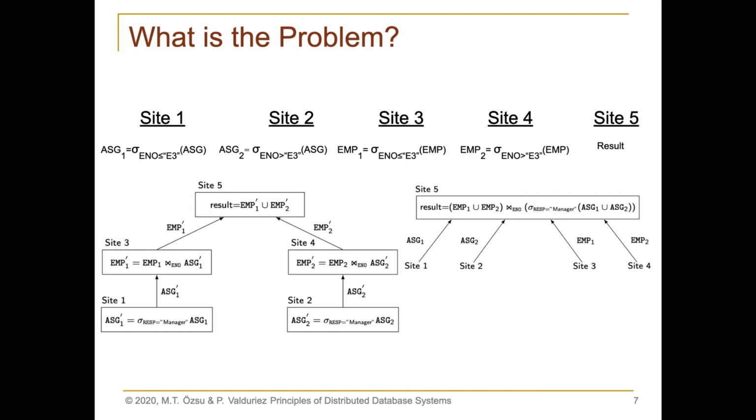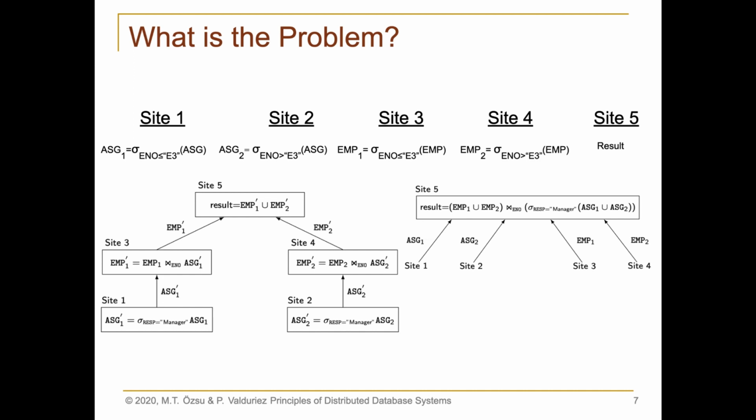Site 2 holds all assignments whose employee number is greater than E3. And site 3 and site 4 hold data for the employee table. Site 3 holds employees whose employee number is less than or equal to E3, and site 4 holds employees whose employee number is greater than E3.